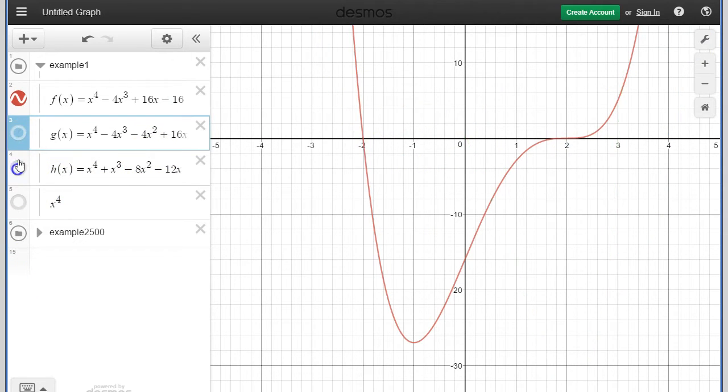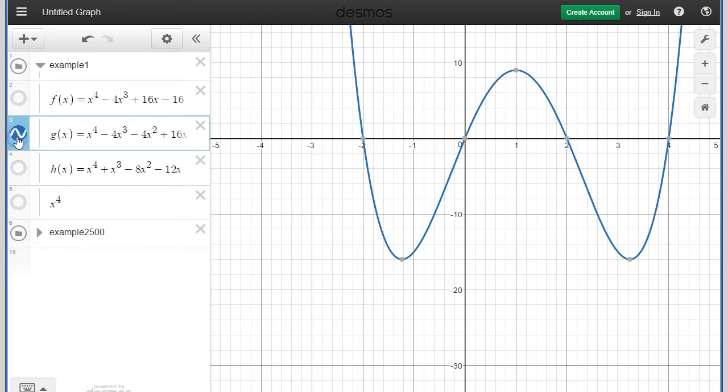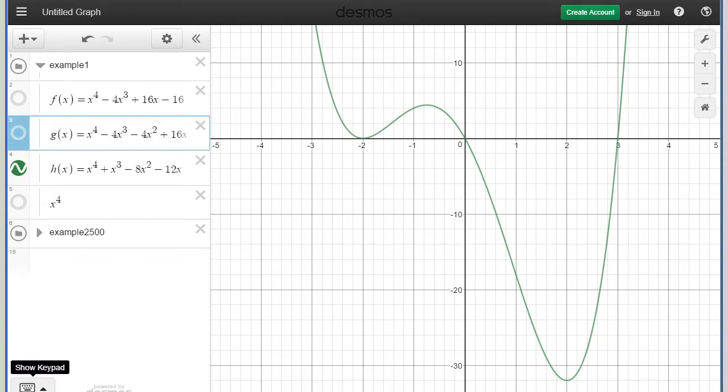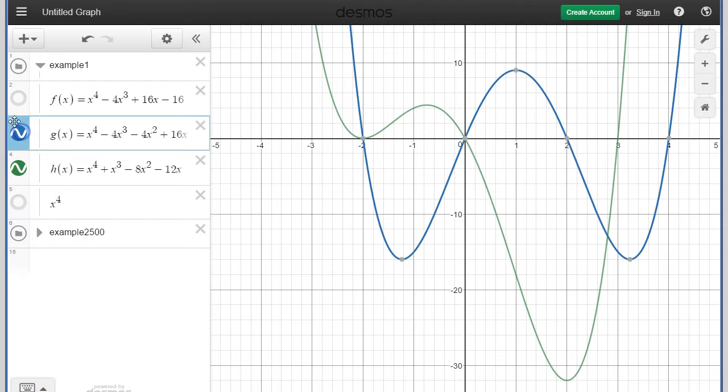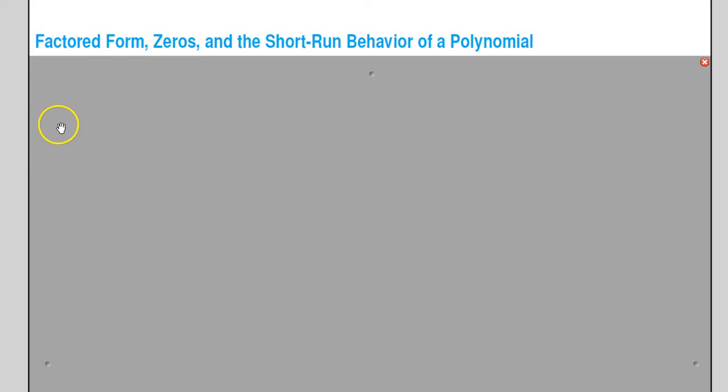So here is f of x, here's g of x, and here is h of x. I'm sure the question is, if I have the function, how can I determine the short run behavior? Because I know how to determine the long run behavior from the previous section. So let's take a look at how to determine from the polynomial what the short run behavior is.